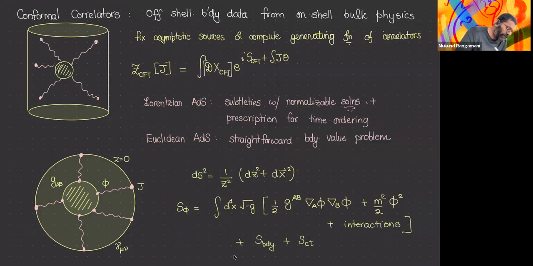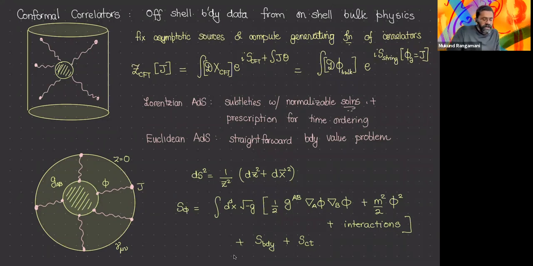And I want to say that this is the same as computing the bulk path integral of the bulk fields with the boundary value of fields set to be J.